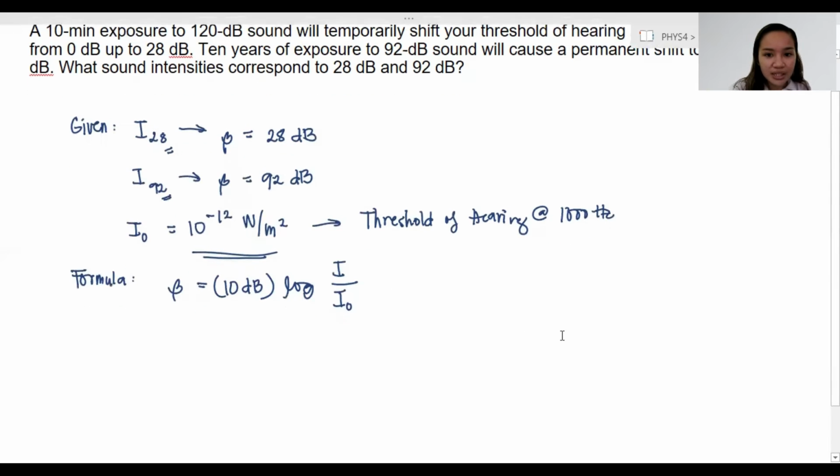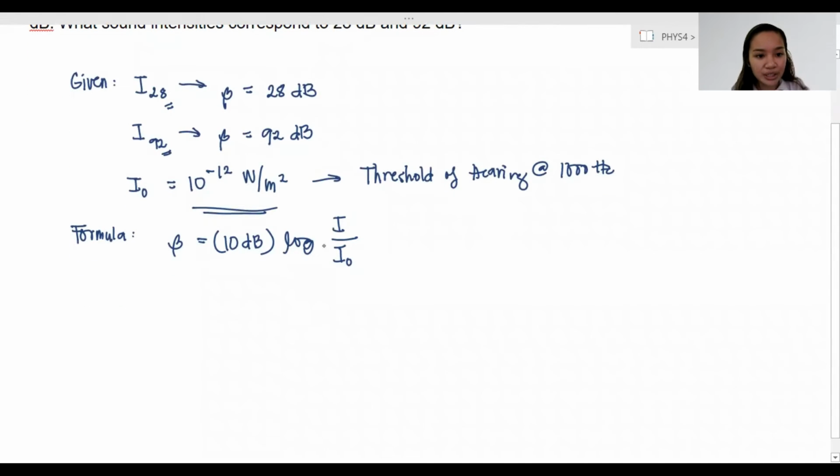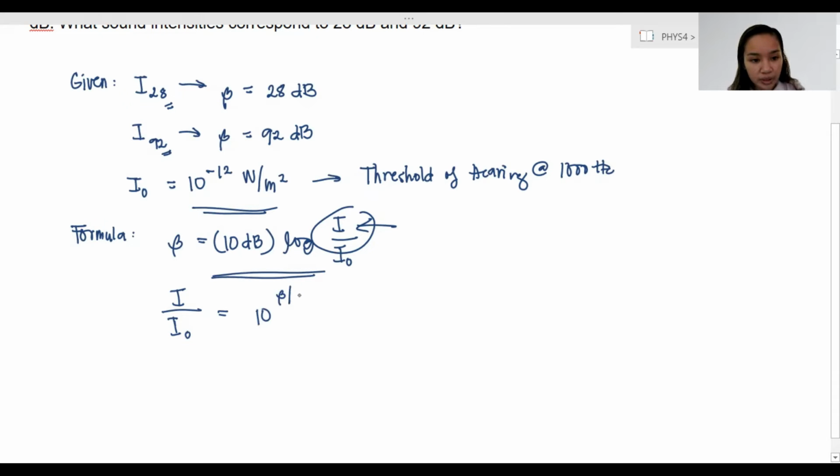Now, since we are looking for the I, we have to transpose this equation. So this is actually equivalent to I over I naught equal to 10 raised to beta divided by our 10 decibels.